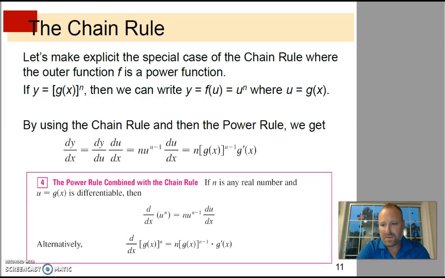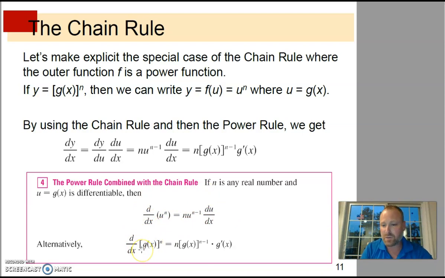The next slide I want to take a look at is slide 11, which talks about the chain rule in more detail, but now it's combining the chain rule with the power rule, which in some ways is what we did in the previous example. Key concept 4 reviews the power rule and then applies it here.